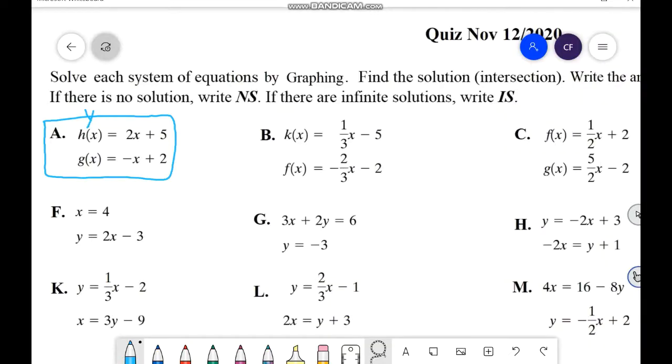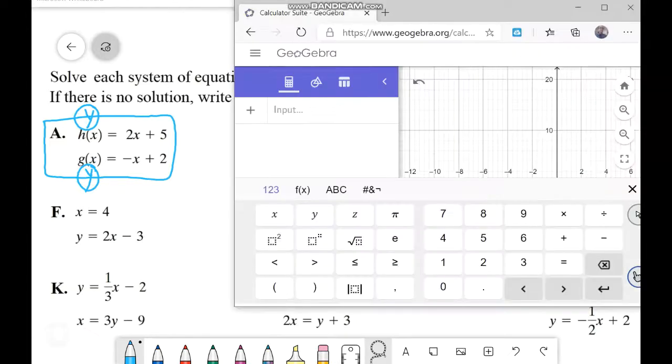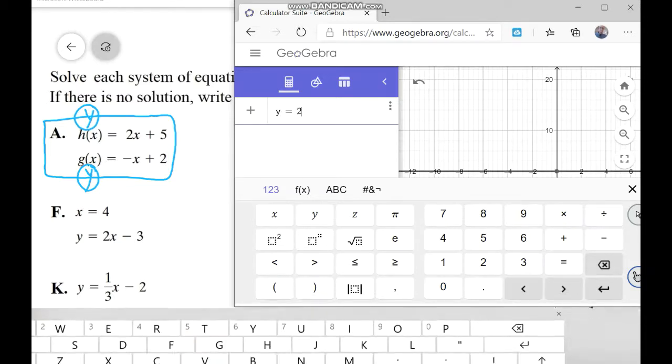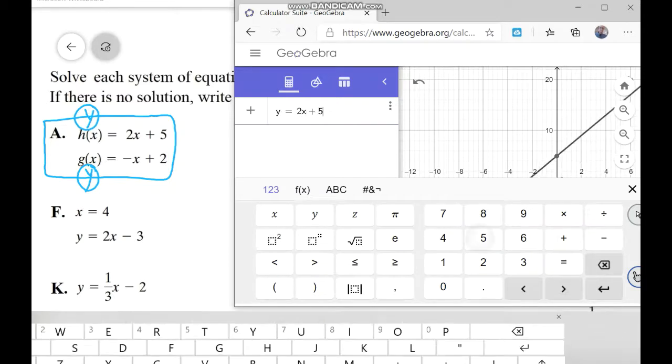That's the same thing. I'm going to use y because it's faster, but you can type h of x equals 2x plus 5, not a problem. You're going to find the same answer. Y equals 2x plus 5. Enter.